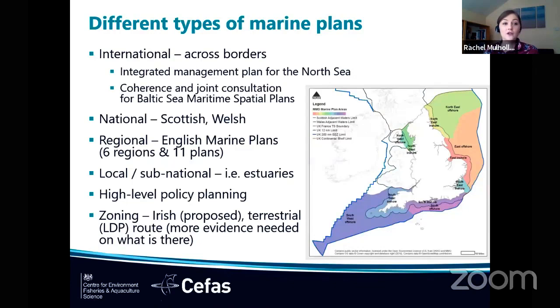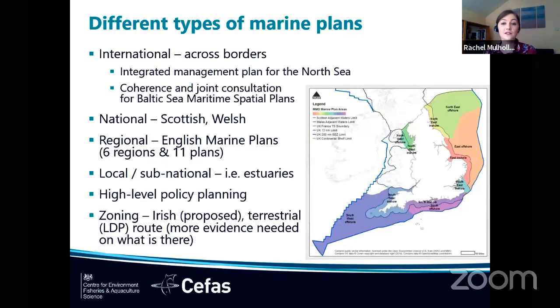This really is a spectrum, and marine plans can fall somewhere in between. Most marine plans fall somewhere in the middle and are framed around the high-level policies, but with some form of spatial restrictions or spatial allocation for sectors.